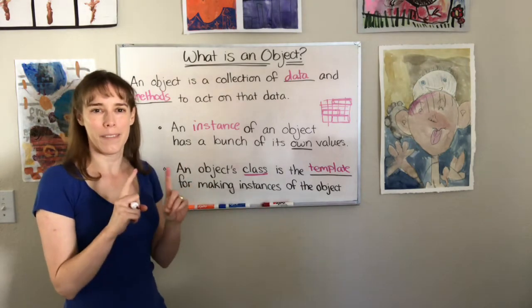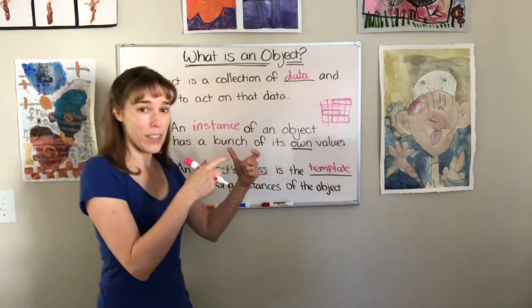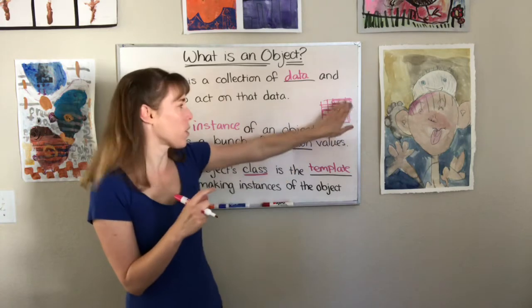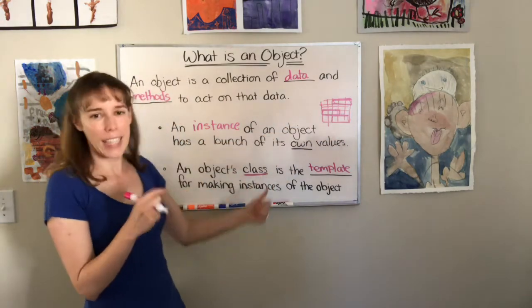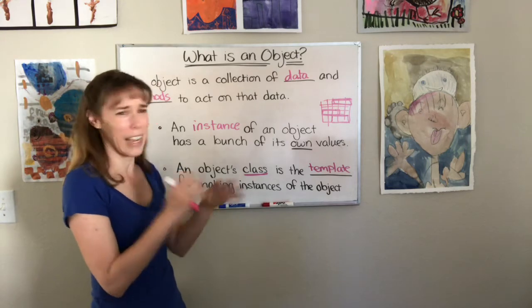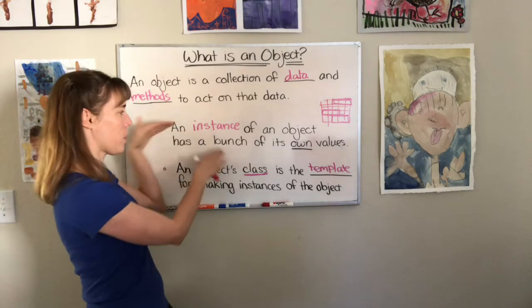So I'm going to split my talking about objects into an instance of an object, that's the specific details and data that's stored out here, and the class that creates it, okay? Both of those can be referred to as the object at different times, but I'm going to split those up for you, okay?